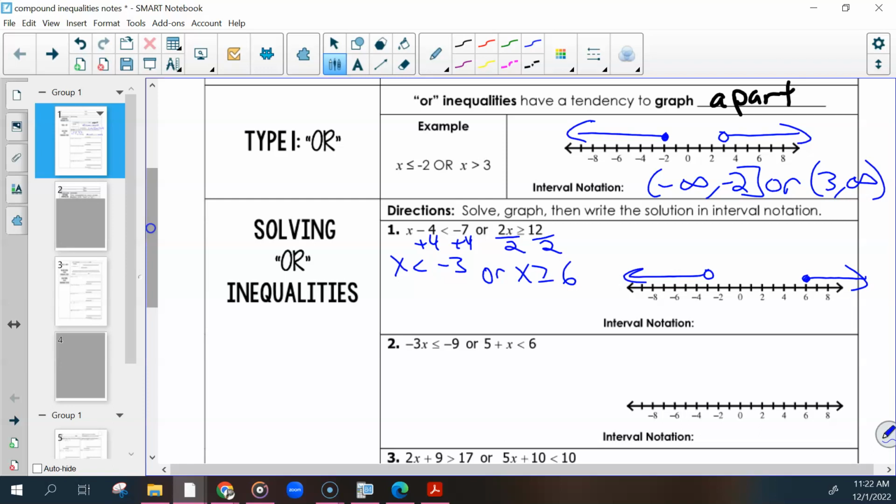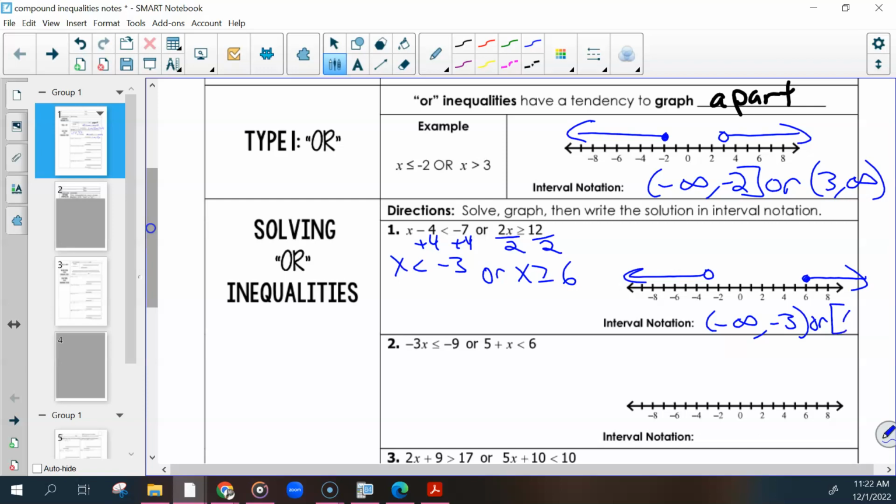Then if we were writing our interval notation, where would this one start? Where would it stop? -3, would that be a parenthesis or a bracket? Parenthesis. Then the word or, it would start at 6, would that be parenthesis or bracket?